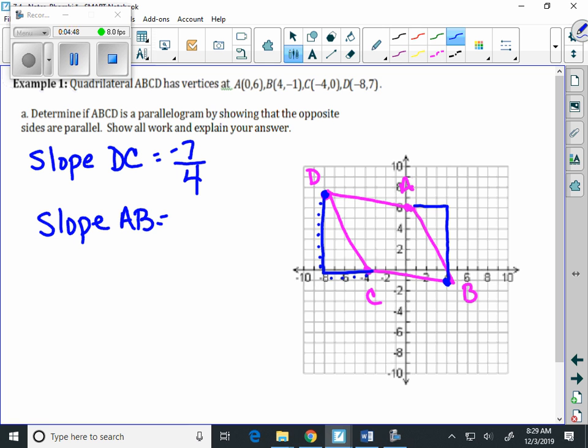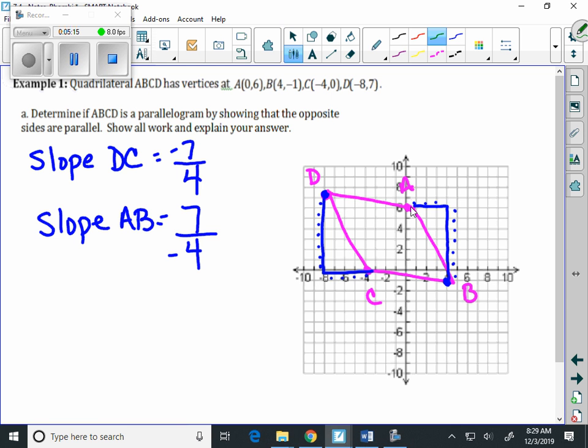And when we count 1, 2, 3, 4, 5, 6, 7 up, but then we're going to go 1, 2, 3, 4 left. And even though we have a negative on top in the first one and a negative in the bottom on the second one, those have equal slopes, which is what we want. They are parallel because they have equal slopes.